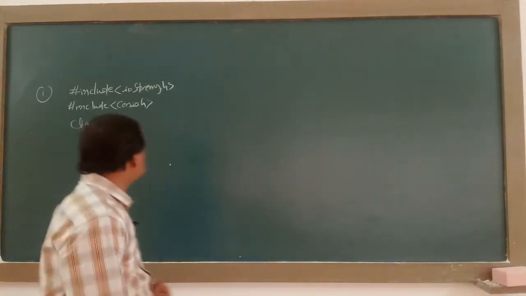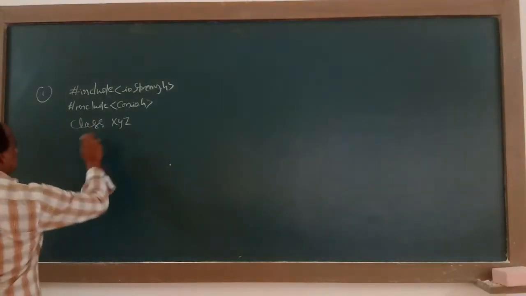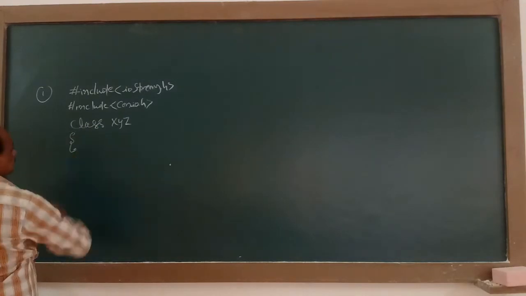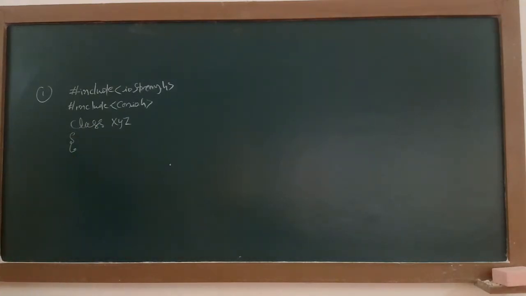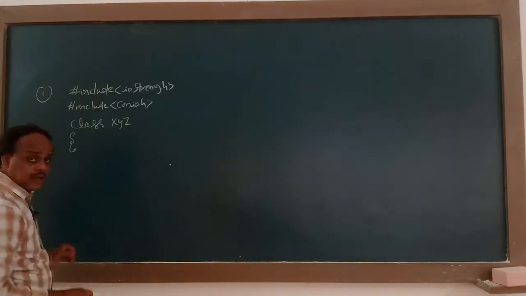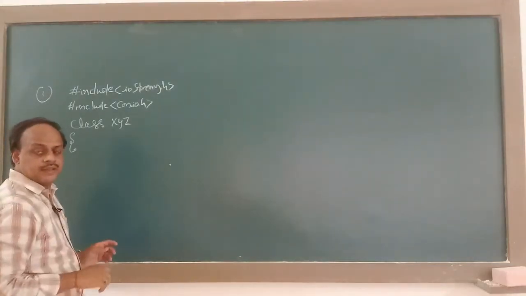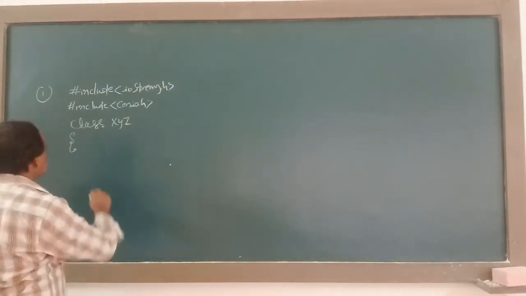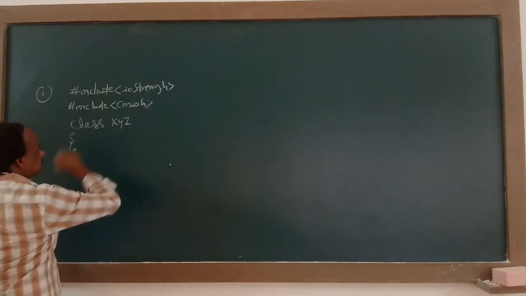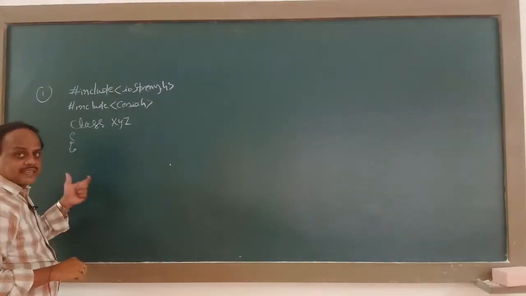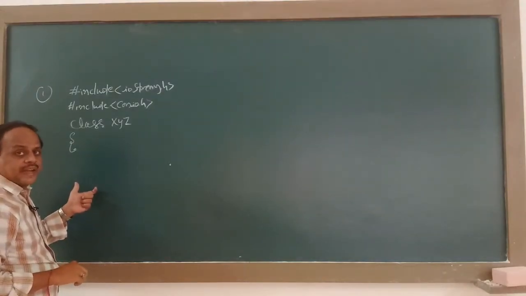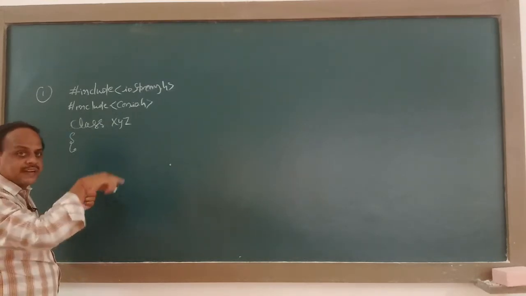See here, class. Here our aim is to implement a constructor, that's why I am taking the same name as the constructor. Before declaring a constructor, what do I have to do? The constructor must be declared in the public section.